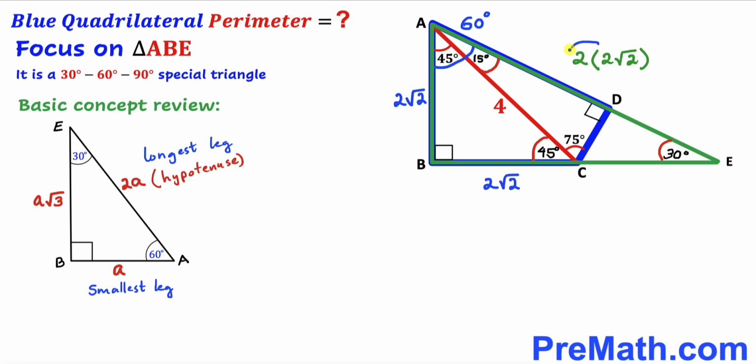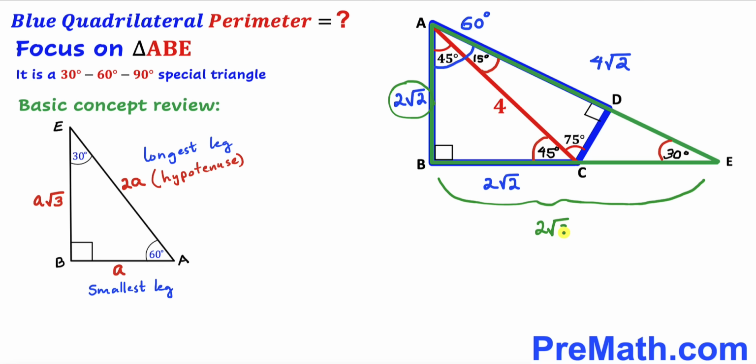And if we multiply them, that is going to give us 2 times 2 is going to be 4 times the square root of 2. And this third leg, BE, has got to be this quantity, which is 2 times the square root of 2, and then times the square root of 3. And if we multiply this thing, that is going to give us 2 times the square root of 6.